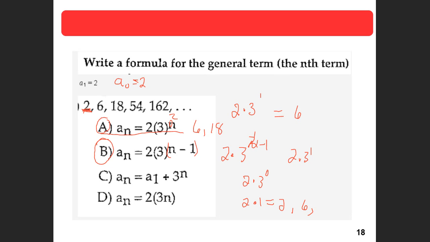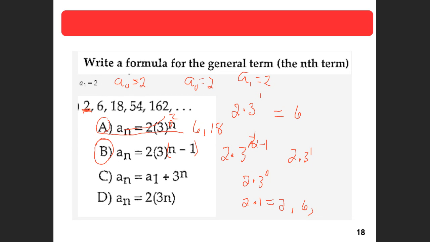Letter A would work if they had said a sub 0 is equal to 2. However, they said a sub 1 was equal to 2, so I have to use B as my correct equation instead. Okay. So that was kind of a tricky little question, but B should be the correct answer.